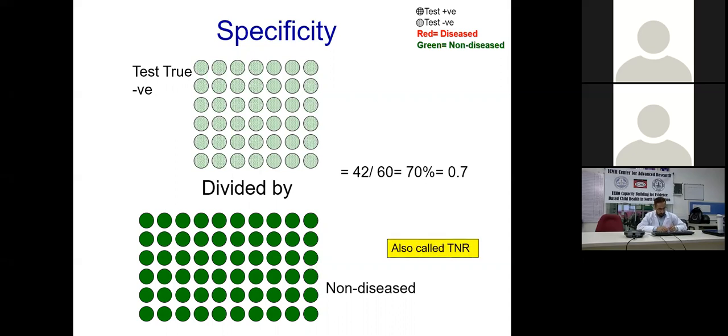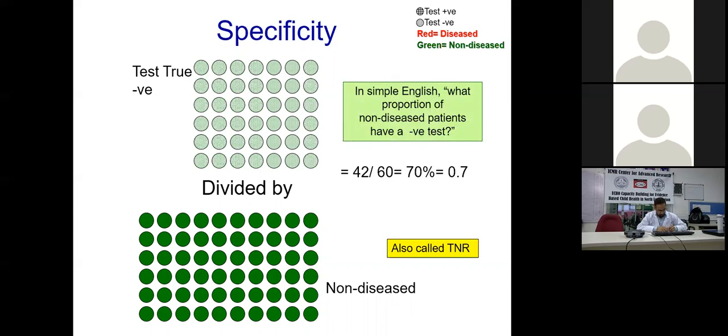It's also known as the true negative rate of the test. So specificity in simple English answers the question, what proportion of non-diseased patients have a negative test? That means, in our example, what proportion of non-septic patients will have a negative CRP? That is specificity.